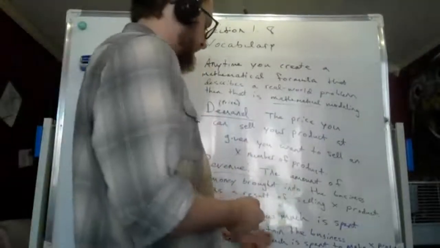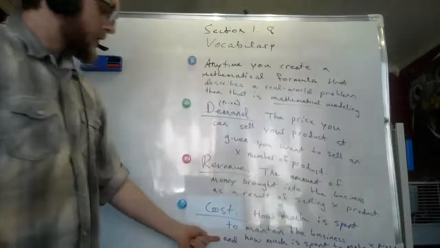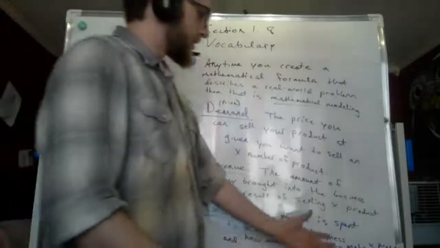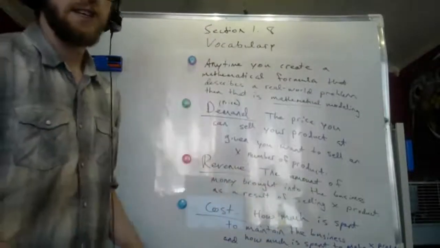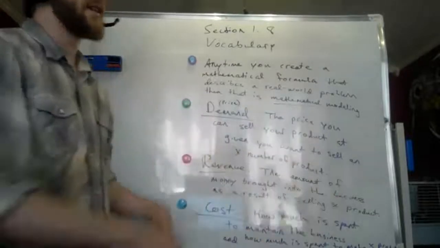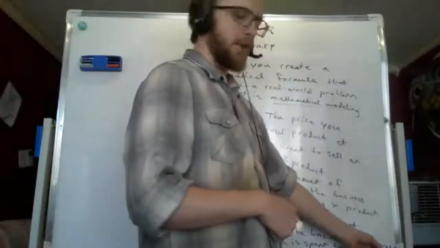So then you have your basic expenses that don't depend on X, plus you have some expenses for how much it costs to make 5 TVs, 10 TVs, 20 TVs, however many TVs you make, or however many X product you make.